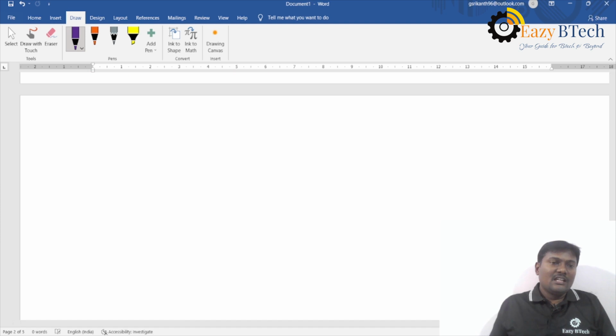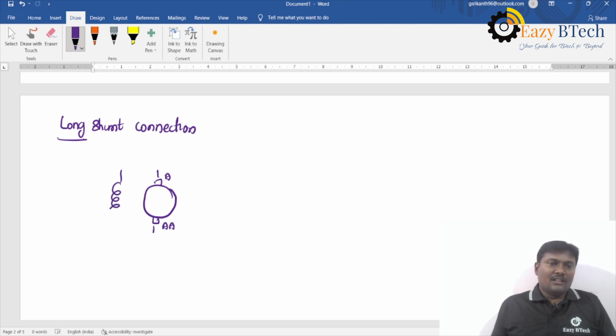If you go for the long shunt connection, this is our armature. The armature has two terminals and the shunt field winding is connected in parallel.